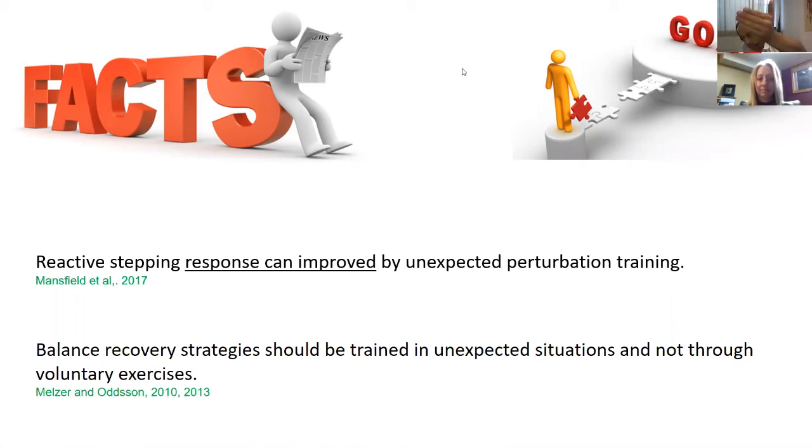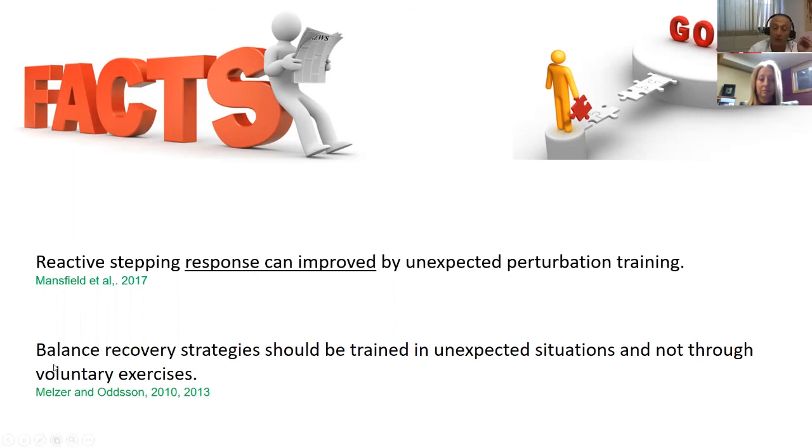So just like that person in the CCTV video, if he had been challenged previously, maybe he would have had the appropriate speed or strength or reactive response or sensory integration ability to implement that strategy and prevent him from falling. So reactive response strategies can actually be trained, and so balance recovery strategies can be trained.